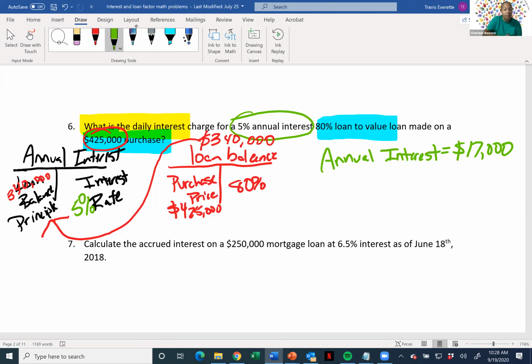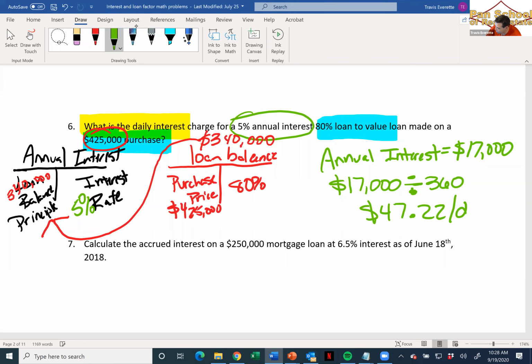360. So what am I going to do with that $17,000 in annual interest to get it down to daily? Divide by 360. That's right. And that is $47 and about 22 cents per day in interest.